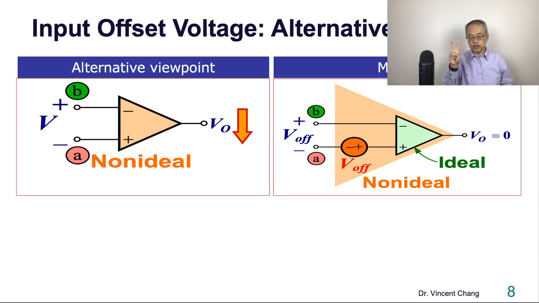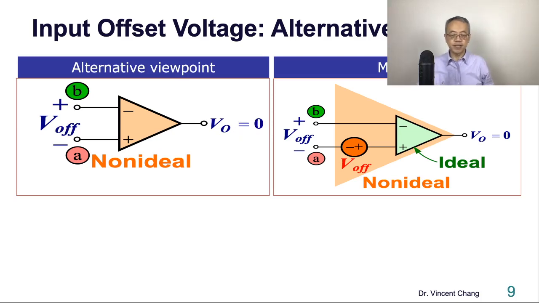So the second definition of the input offset voltage is that you apply a voltage to cancel out the internal one so that the output DC becomes 0. That input voltage is defined as the input offset voltage. Look at the right-hand side. The first definition is more from the internal perspective, the orange perspective. The second definition is more from the external perspective, the blue perspective.